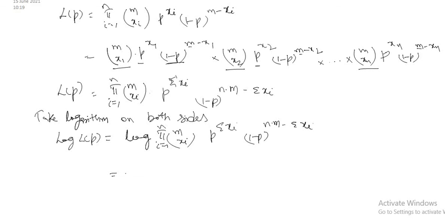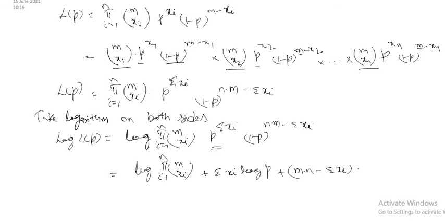After expanding we will get log of product over i equals 1 to n of mC xi, plus, I am taking the logarithm, log a power m also I am applying directly. Log of abc is log a plus log b plus log c. Again I am applying log a power m equals m log a. So both I am writing in a single sentence. Plus n into m minus summation xi into log of 1 minus p.